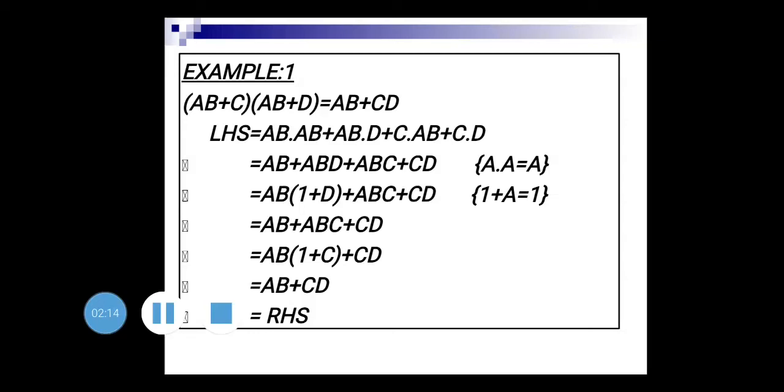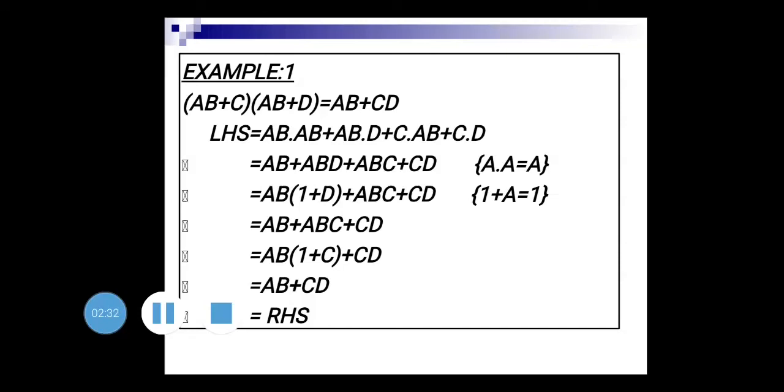When you multiply that, you get AB dot AB plus AB dot D. The second thing is, in the first bracket the second variable is C, which you multiply with the second bracket to open it.